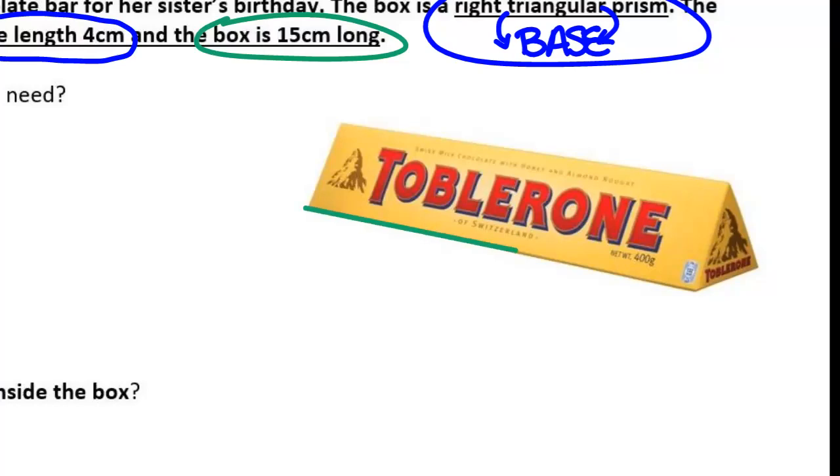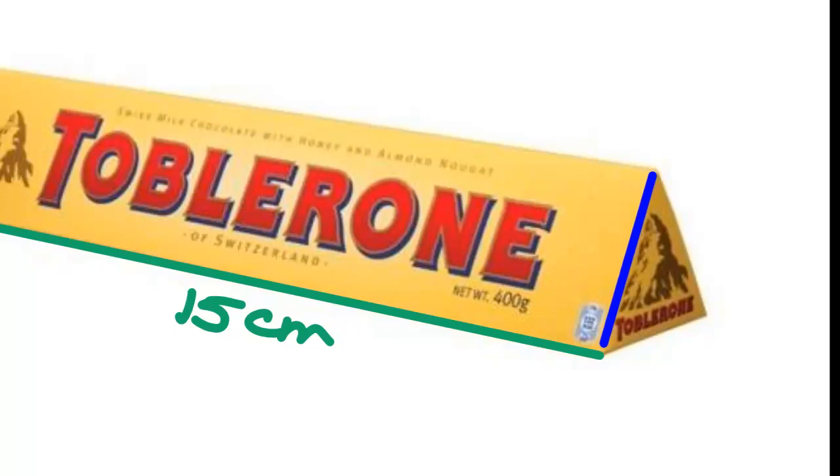All right, so from here to here is 15 centimeters. What does an equilateral triangle mean? They're all equal. So the end here, where I can clearly see the triangle, every side there is 4 centimeters.